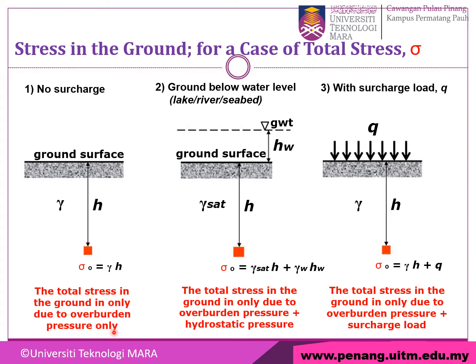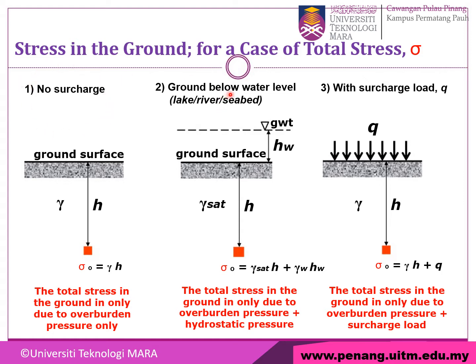So how to determine the overburden pressure? First, total stress is equal to unit weight times H or Z. H is depth. Unit weight is the unit weight of soil. So total stress is equal to unit weight times H. Alright, this one is for the case of no surcharge.